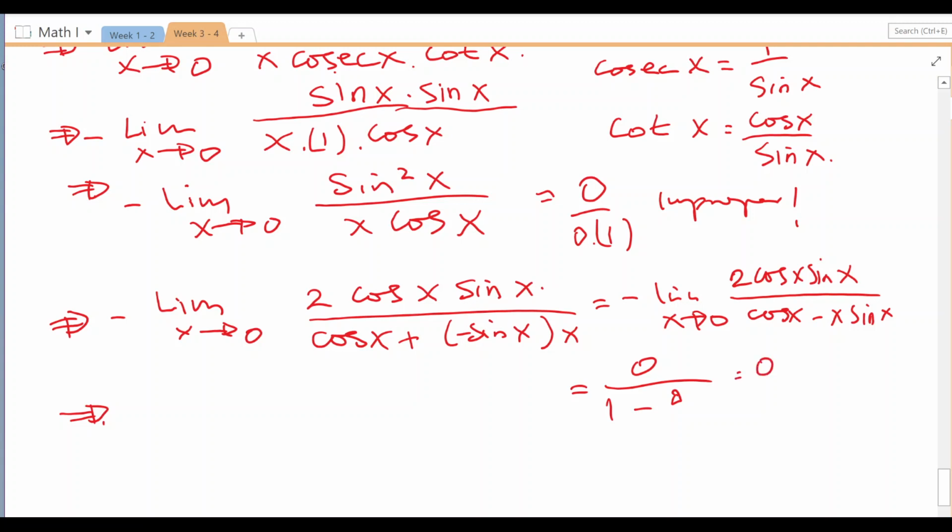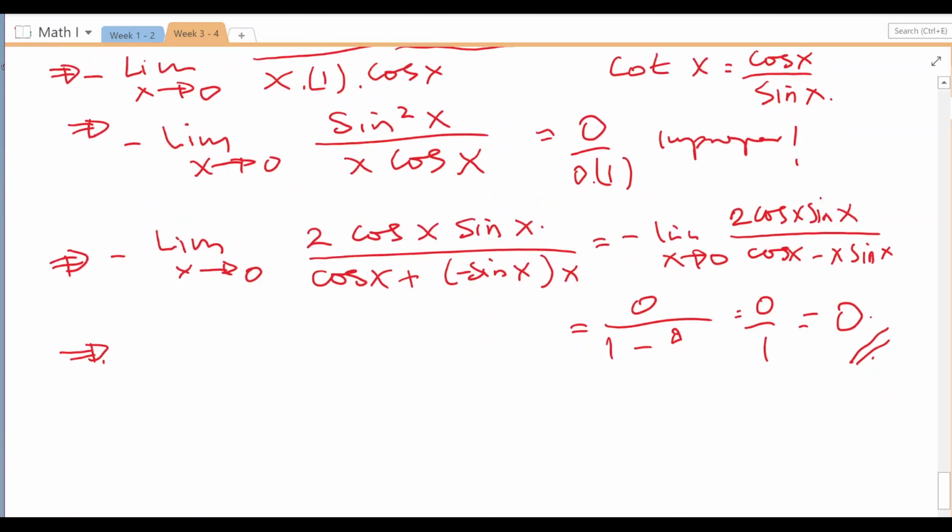So we get 0 over 1, and therefore the answer is 0 for this particular problem.